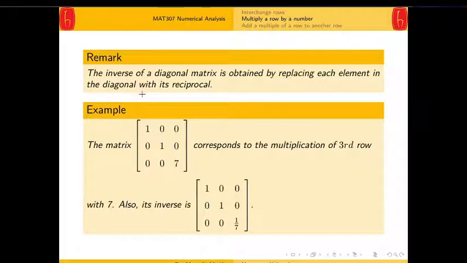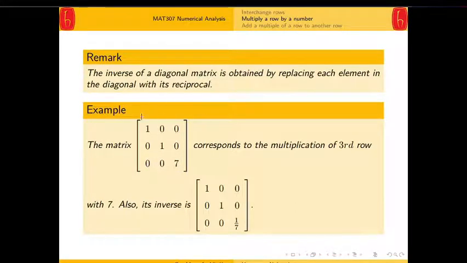Remark: the inverse of a diagonal matrix is obtained by replacing each element in the diagonal with its reciprocal, or multiplicative inverse. Okay, so as an example, this matrix will correspond to the multiplication of the third row by 7.